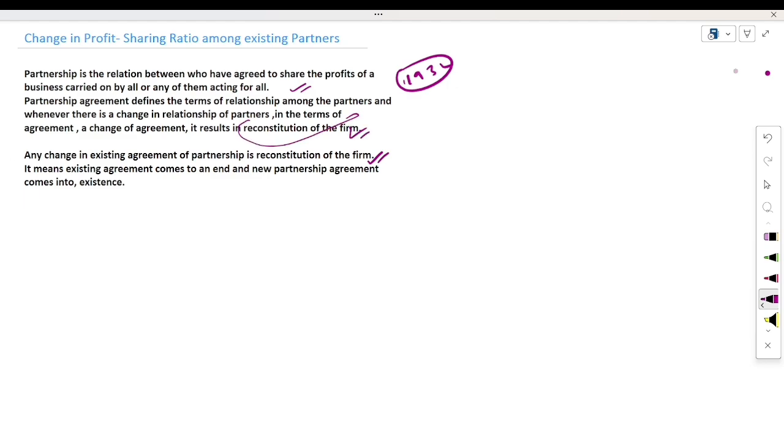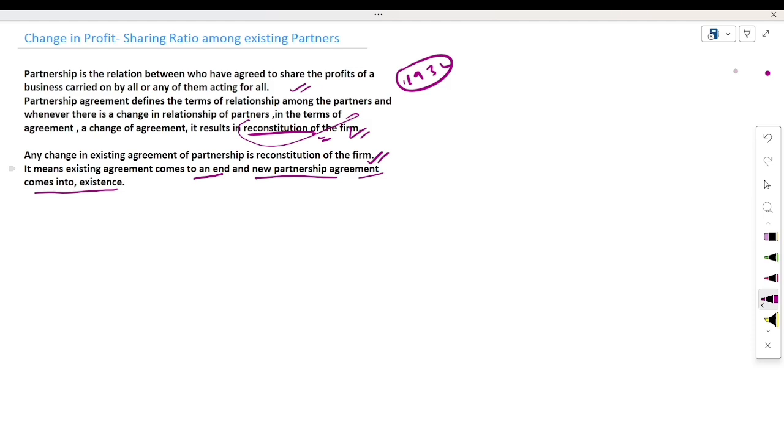If all the partners agree to end the existing agreement and make a new agreement, this concept is known as reconstitution of the firm. It means the existing agreement comes to an end and a new partnership agreement comes into existence.